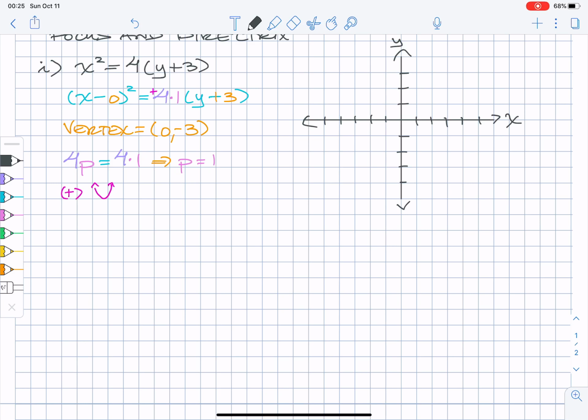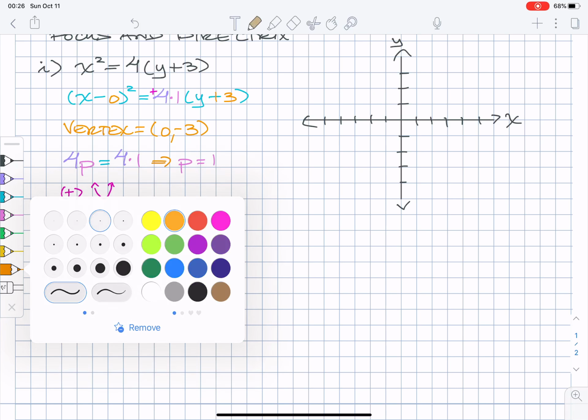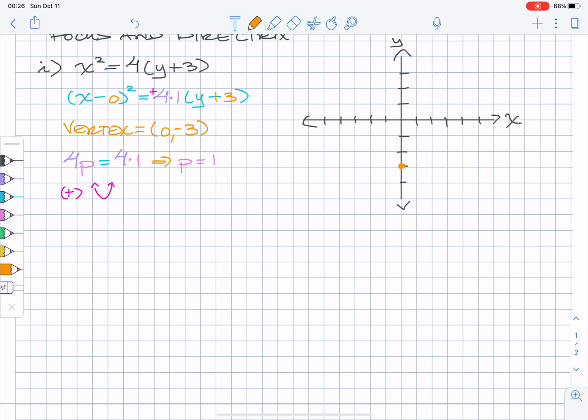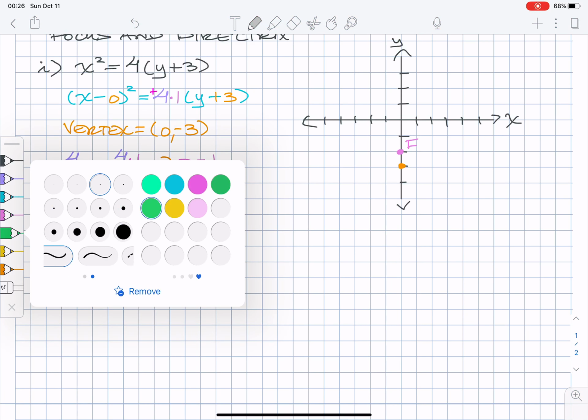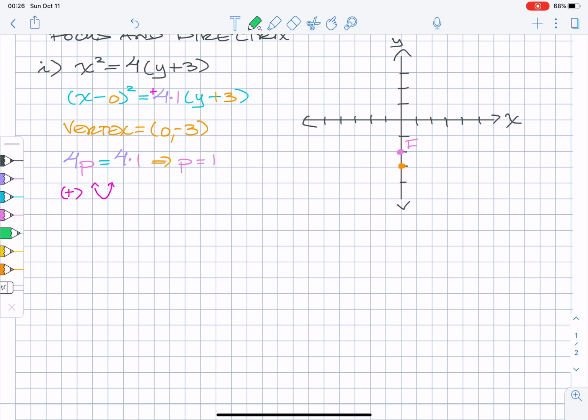Okay, so my vertex is at (0, negative 3). I know my focus and my directrix are 1 away from the vertex. So here's my focus, 1 up, because it opens upwards. And my directrix will be 1 down from the vertex. So this is my directrix D.